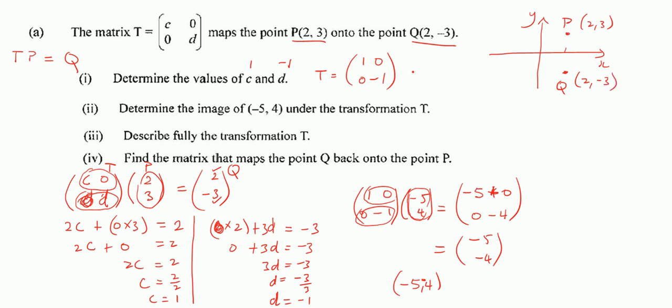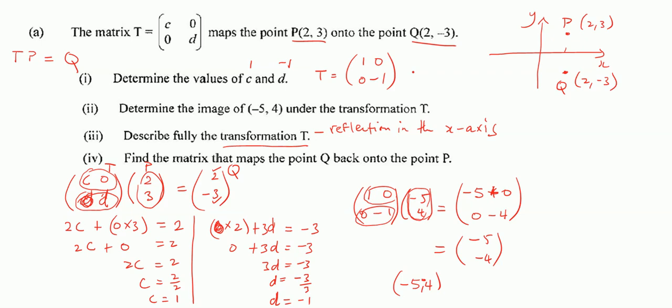Just by looking at the diagram, you realize that Q is a reflection of P in the x-axis. So when they say describe the transformation T, it's a reflection in the x-axis. And for those of you who can remember, the matrix 1, 0, 0, minus 1 represents a reflection in the x-axis.